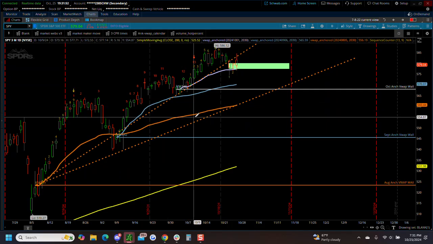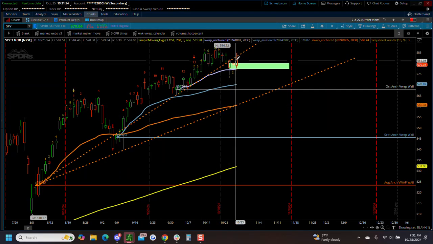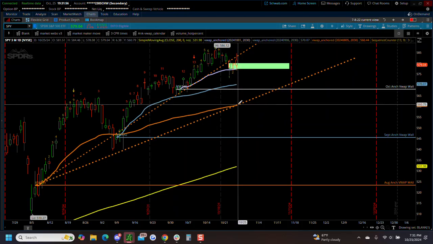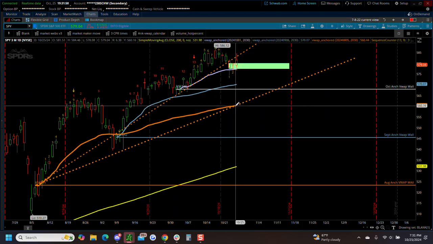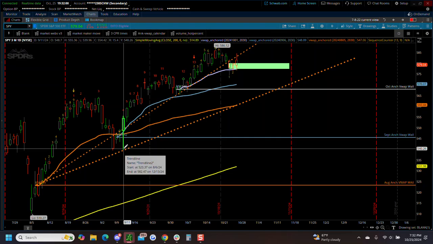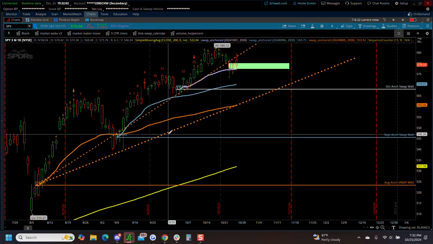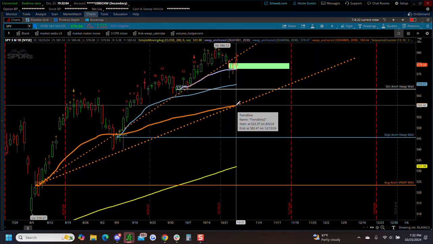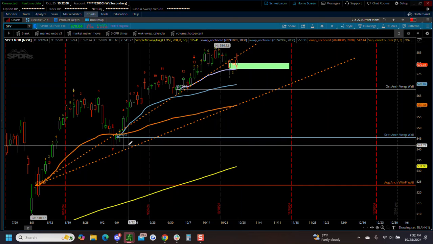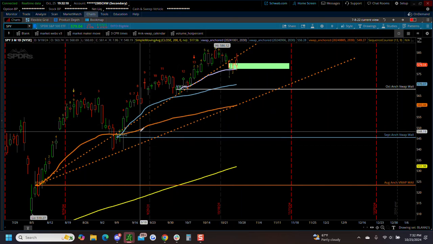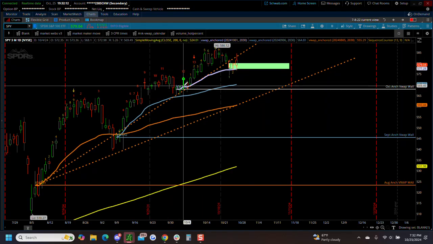I want to see where the trend is in relation to the current anchored VWAP. It gives me some idea. See how we're hitting right here and how that's hitting right there. So, just heads up on that, and see how these things are lining up with the current price action.